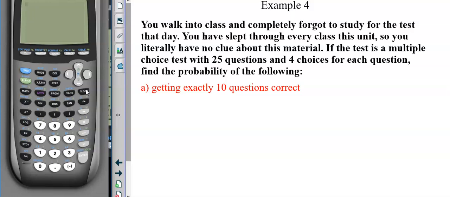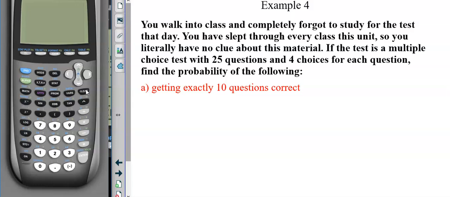Let's say you walk into Mr. Hall's Math 4 class and completely forget that you didn't study for the test that day. Mr. Hall doesn't give pop tests. Sorry. So you have a test today and you didn't study for it. And here's why: because you slept through every class in this unit.